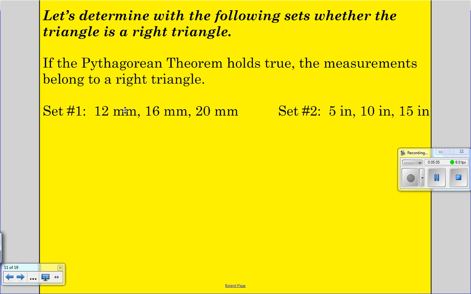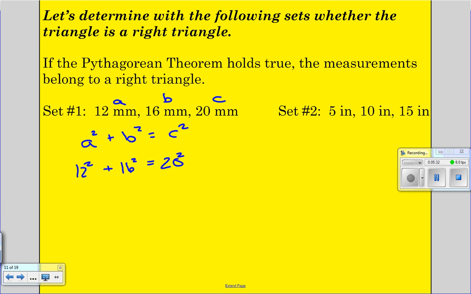What we would have here with a squared plus b squared equals c squared, this is the short side a, middle b, long c. Now we're going to fill these numbers into our a squared plus b squared equals c squared. So this would be 12 squared plus 16 squared equals 20 squared.